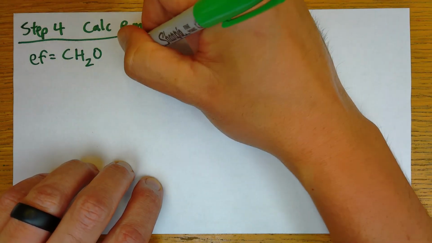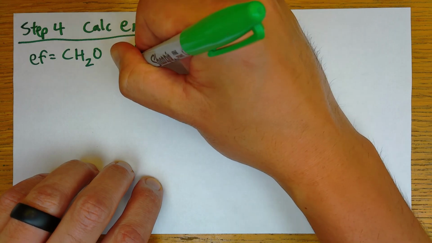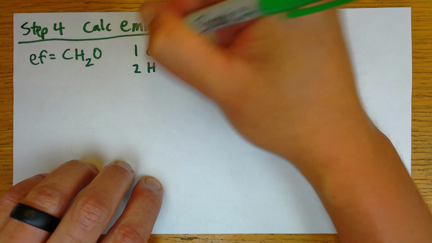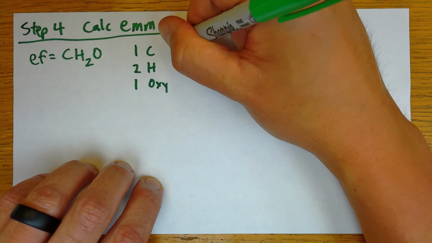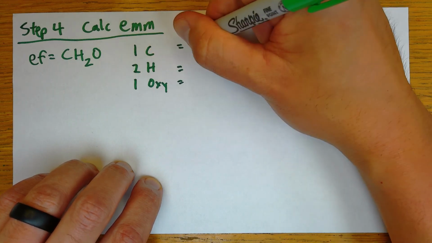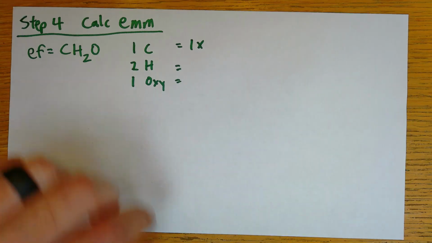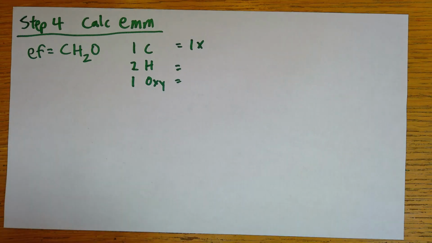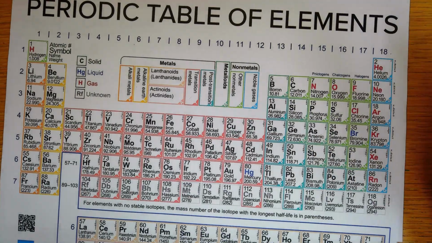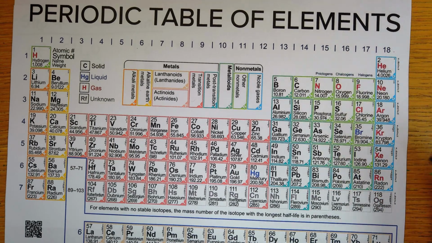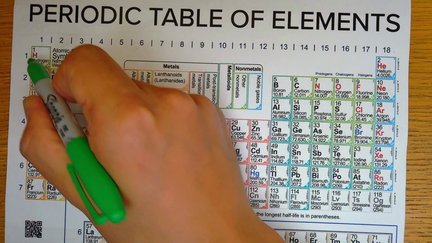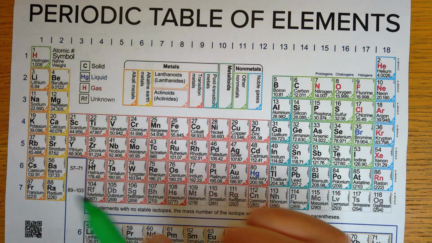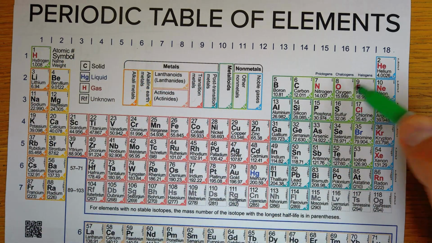In this formula, we have 1 carbon, 2 hydrogens, and 1 oxygen. So that's going to be 1 times... time to get the periodic table. Actually, we looked these up earlier, didn't we? Here it is again: 12.011, 1.008, 15.999.